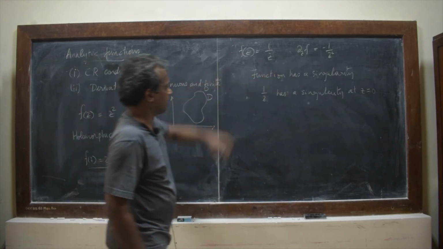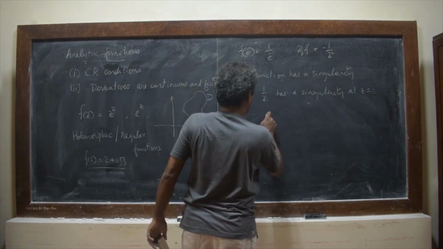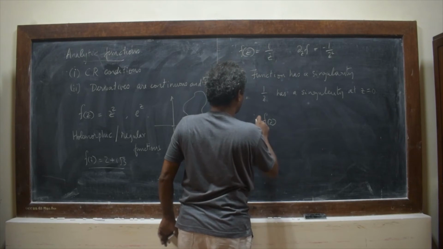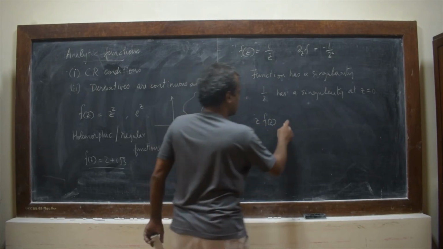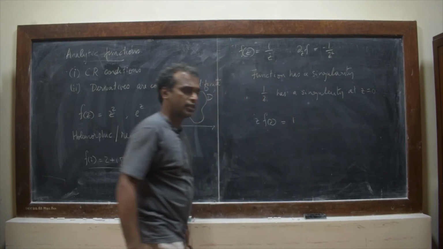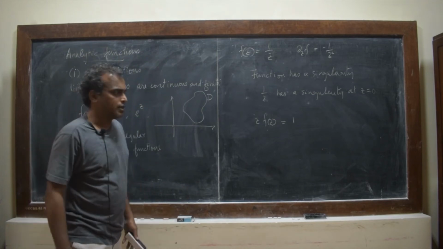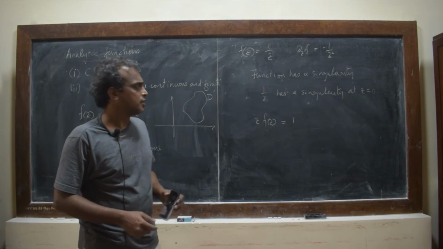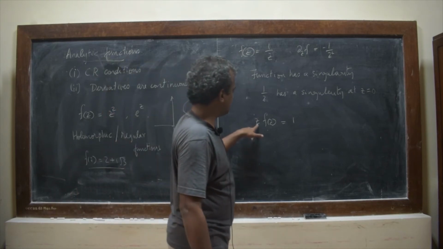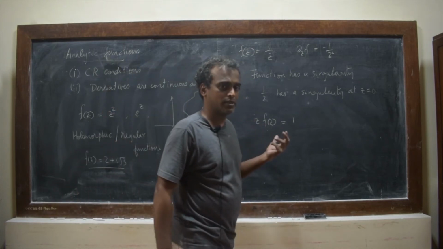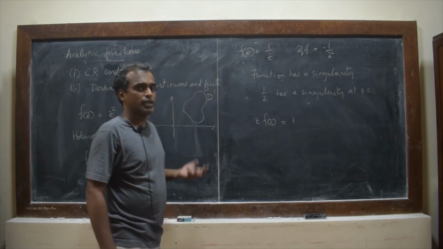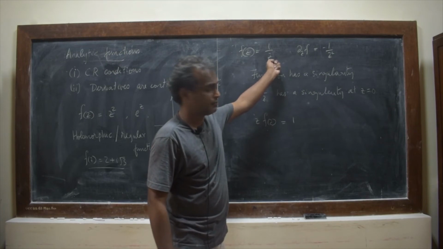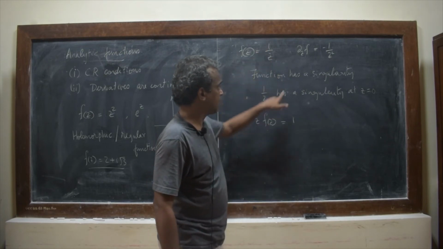If I multiply this function f of z equal to 1 by z with z, it gives me 1, a constant, which is an analytic function. So, multiplication with z, which can in general be called a polynomial, has helped me to remove the singularity which the function 1 over z had at z equal to 0.